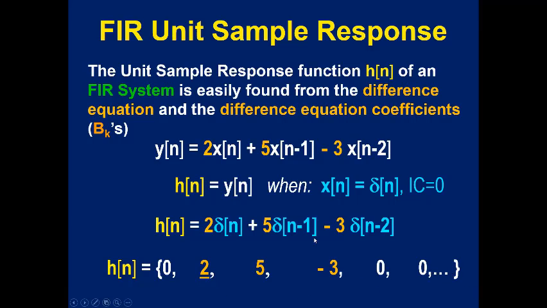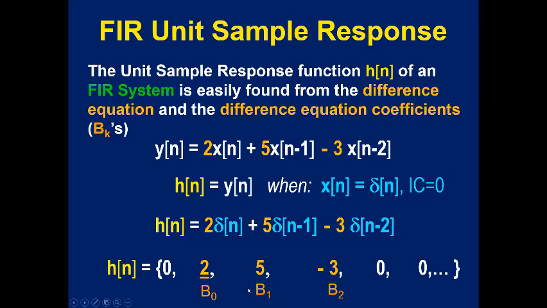Now you've noticed, I hope, that these sample values for the unit sample sequence, or the coefficients for these unit samples in the analytical expression, are nothing other than the B coefficients from the difference equation. The B0 coefficient, the B1, and the B2 coefficient are in fact the sample values of the non-zero samples of the unit sample sequence for a non-recursive system.